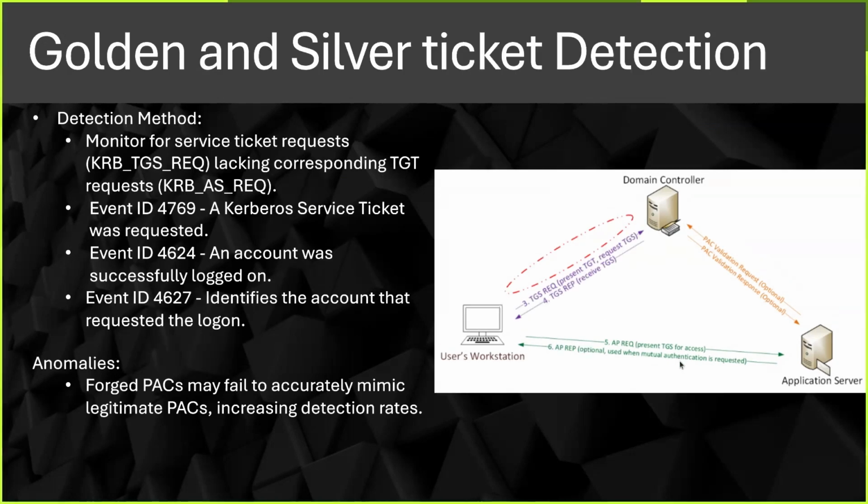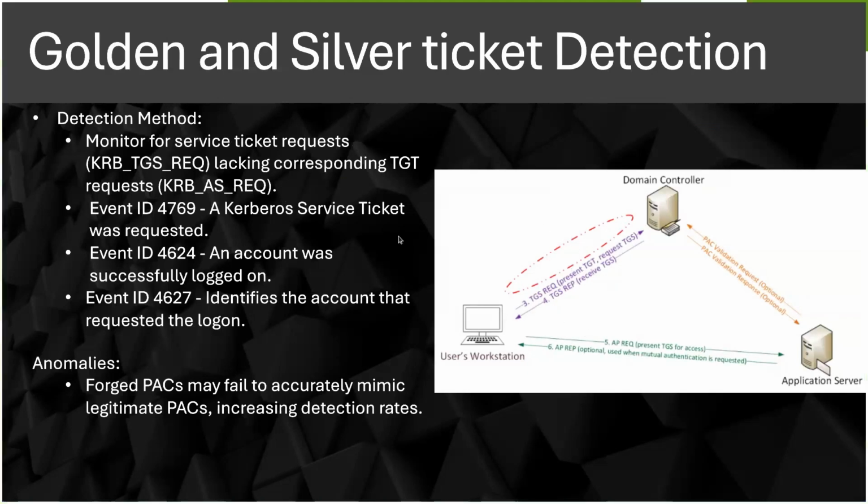So let's talk about detection: how to detect the golden and silver ticket attacks. The golden ticket lacks the first two, the AS request and AS reply, and the silver ticket lacks the TGS request and TGS reply.